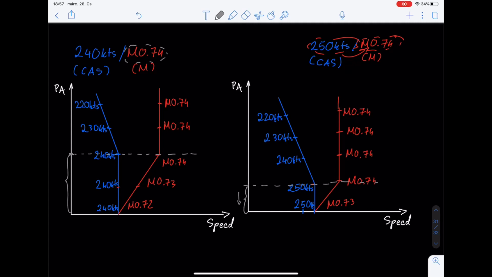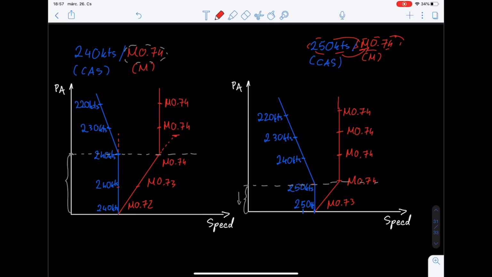So if I had 240 like in the initial case, but I increased the changeover Mach number to, let's say, 0.75, what happens in that case is that I can still climb with constant calibrated airspeed, and I reach the 0.75 at a later point, so therefore my changeover altitude would be higher, right?